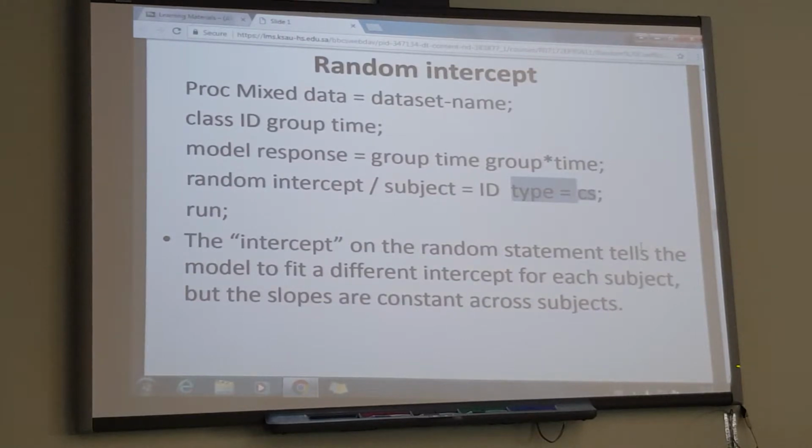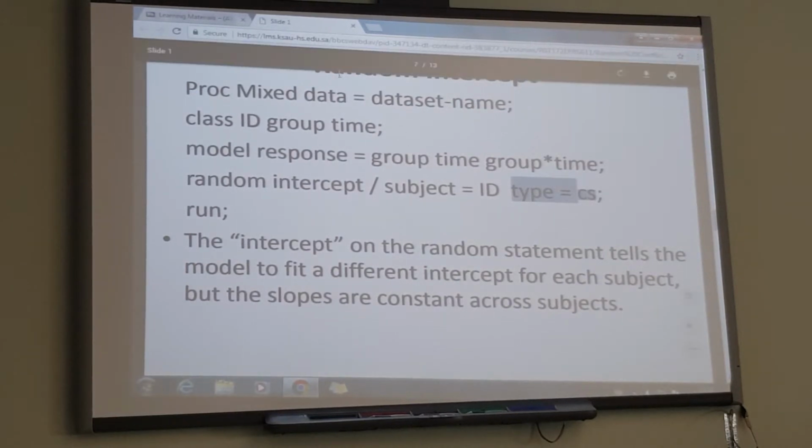Constant over time. This will fix the variance to be constant. So this is why we use type equal compound symmetry. So for the random intercept, for the covariance structure, the type would be the compound symmetry.